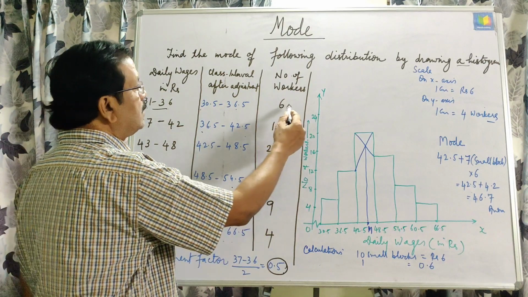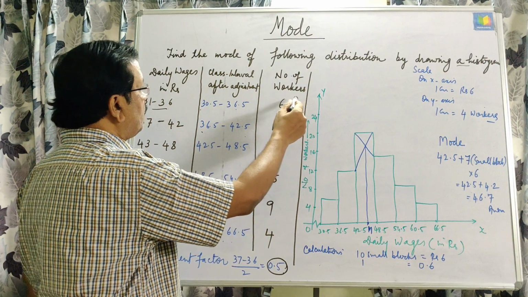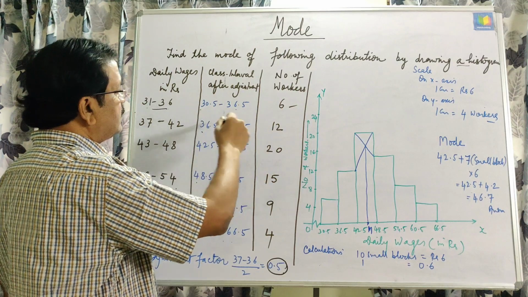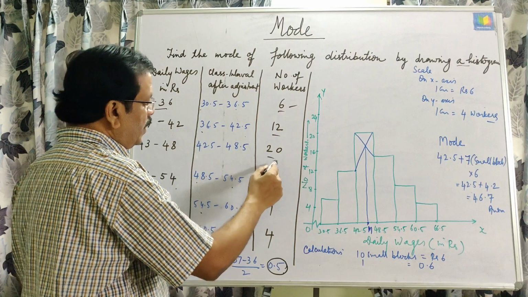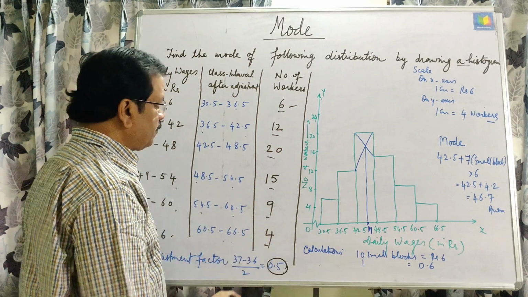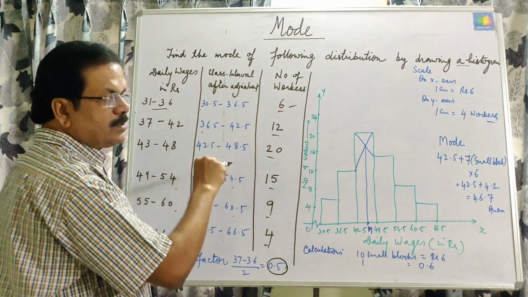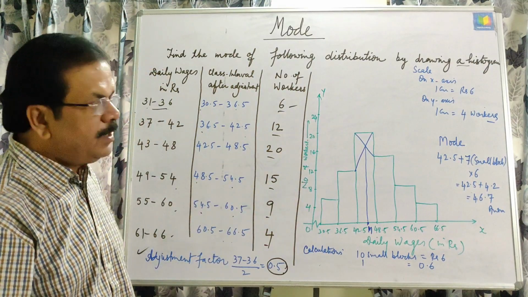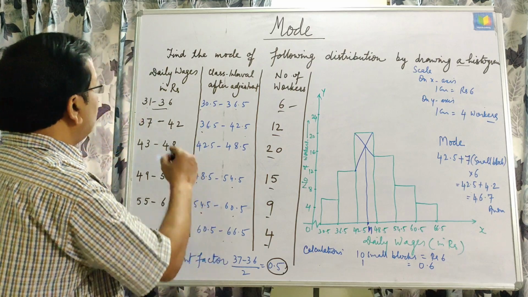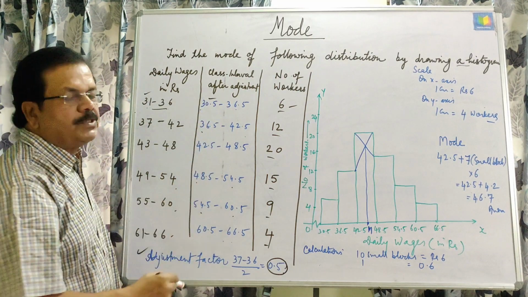And likewise the frequencies, that is the number of workers getting these wages: 6, 12, 20, 15, 9 and 14. Now you can see this is continuous. Once we go to draw the histogram, we should see whether the given class interval starts from 0 or not.